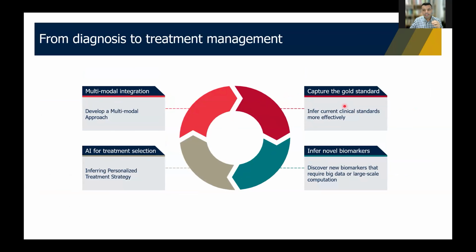So the first thing, we want to capture the gold standard, okay, what the physicians are doing. Then we want to go beyond the physician and try to discover novel biomarkers. Then we want to connect them into treatment, okay, it's not enough to discover biomarkers. We want to say something about treatment. And then we want to integrate more data and do it all over again.